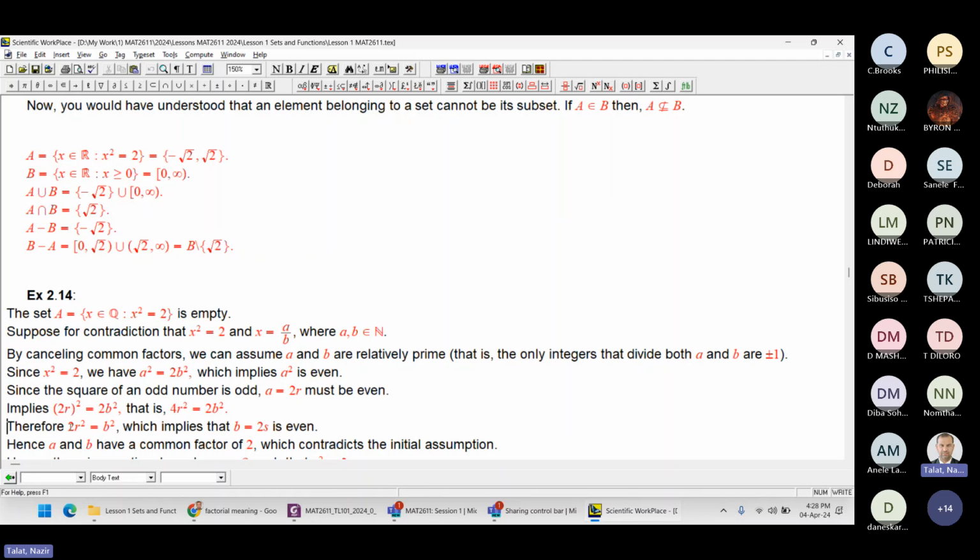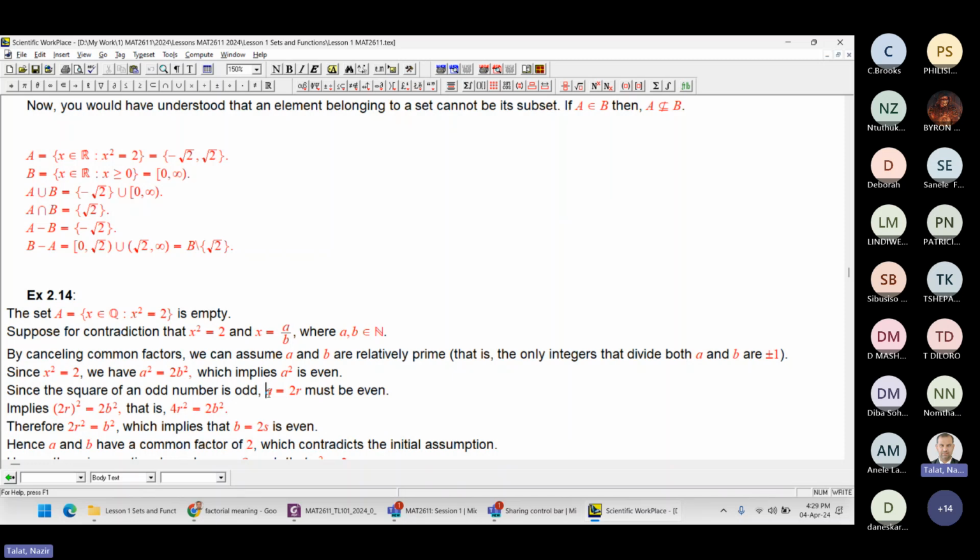Because 2 is an even number, and every number multiplied with 2 becomes even. So if b square is an even number, then b is also an even number, and b is equal to some 2 times s.